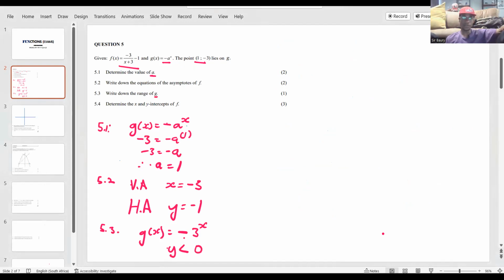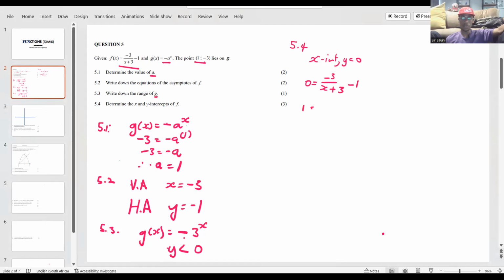That's where it exists. Then the x and y intercepts, these are a walk in the park. X-intercept, value of y equals 0 for f. So here is f. So I have 0 being equal to negative 3 all over x plus 3 minus 1.